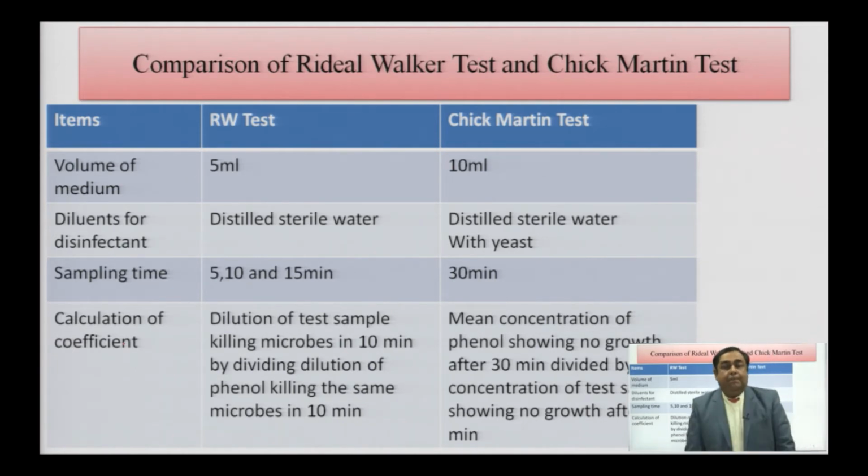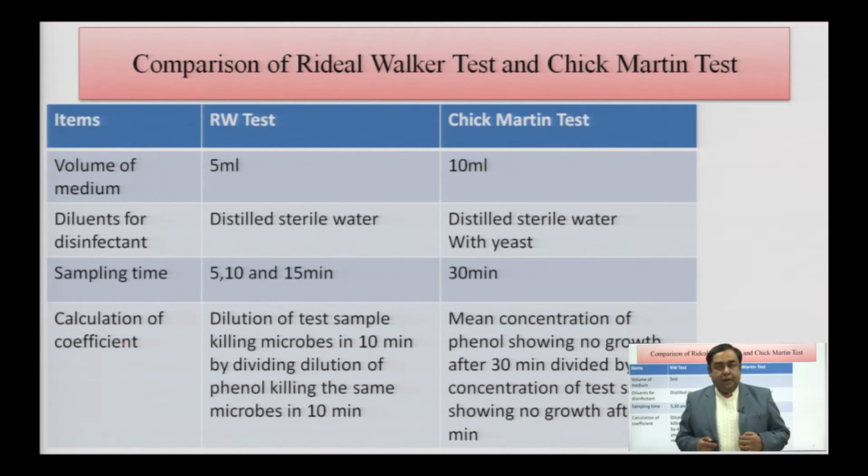That is, the presence of organic matter while evaluating the capacity of the disinfectant has made this Chick-Martin test much more lucrative, much more realistic, much more attractive. Now, in the previous one, the Riedel-Walker test, we have taken the sample time to be 5, 10 and 15 minutes, both in standard as well as in the sample.